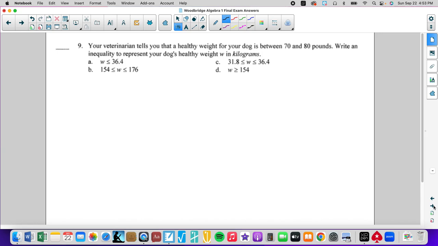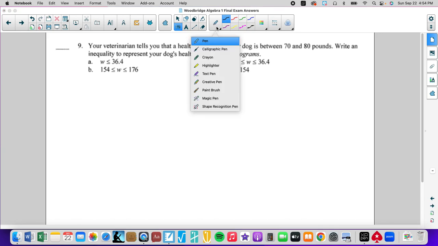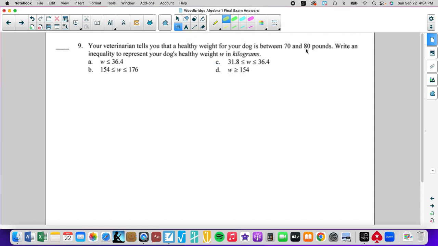There are special situations. Your veterinarian tells you that a healthy weight for your dog is between 70 and 80 pounds. Write an inequality to represent your dog's healthy weight W in kilograms. So these little stinkers give us pounds and then want it in kilograms. So the first thing we need to do is convert. 70 pounds is how many kilograms?